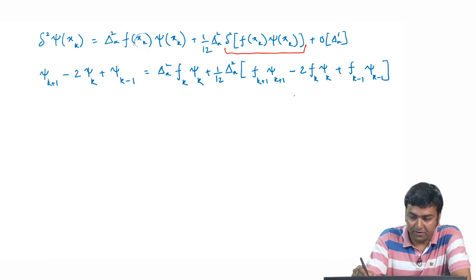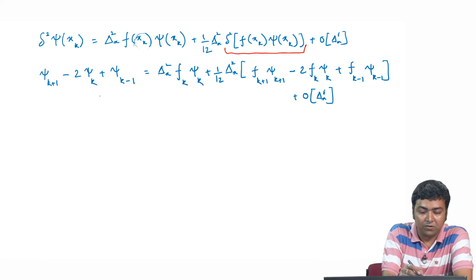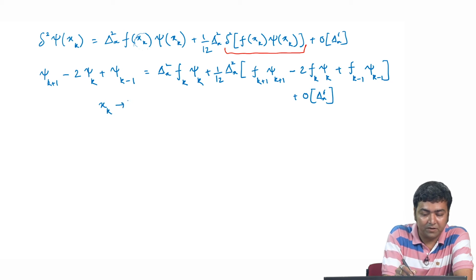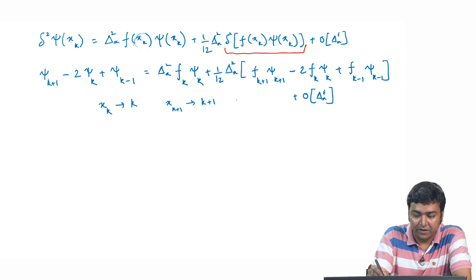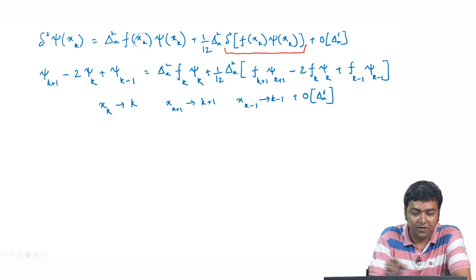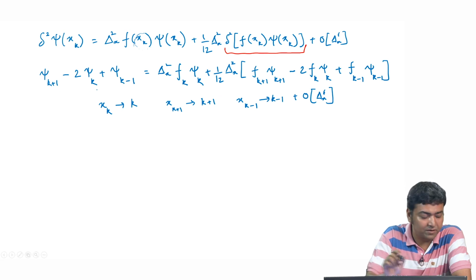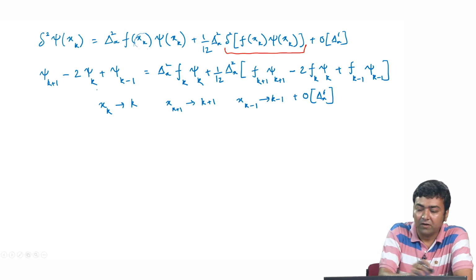Then I have this term also, the order delta x to the power 6. Just to be clear, I have replaced in this equation x_k as k, x_k plus 1 as k plus 1 and x_k minus 1 as k minus 1. I have just shortened the summation. Now, let us try to simplify this still further.